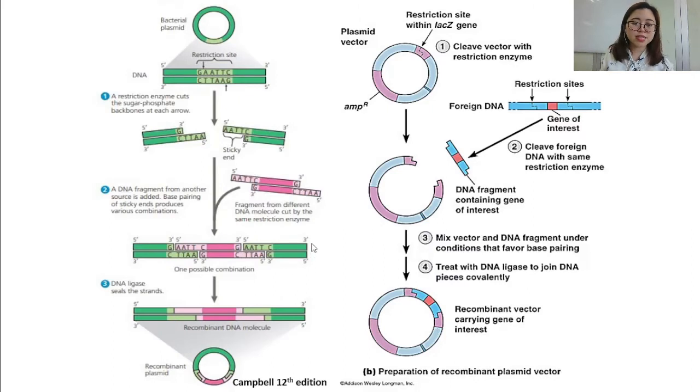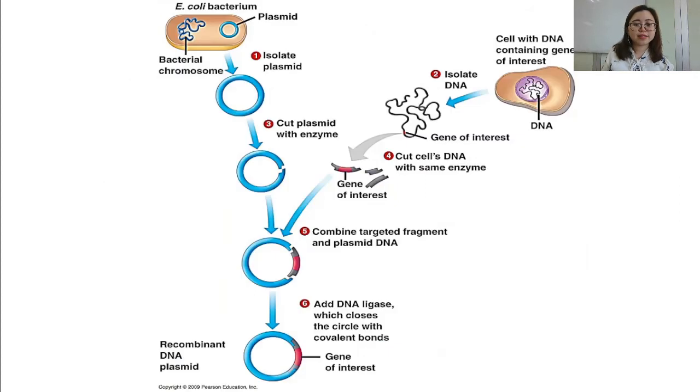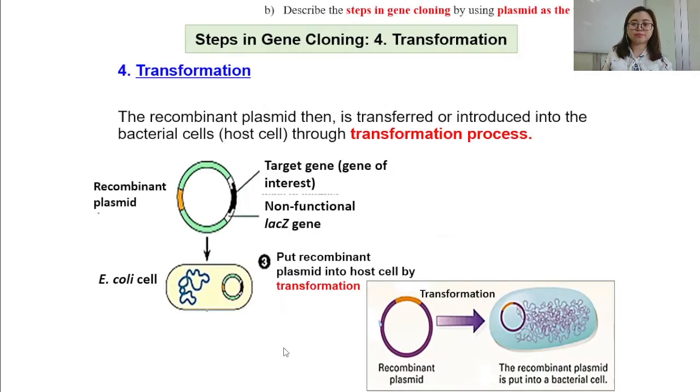Right? So this is another picture to illustrate how the insertion can occur. Ini adalah gambaran untuk menunjukkan macam mana insertion boleh berlaku. Sekali lagi, gambaran yang sama daripada isolation, cut or cleaving, and insertion.